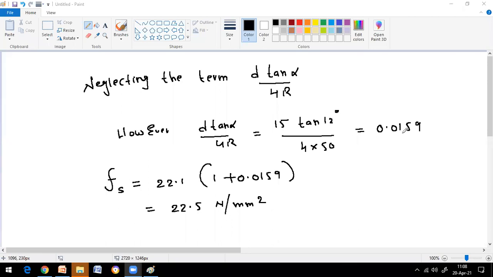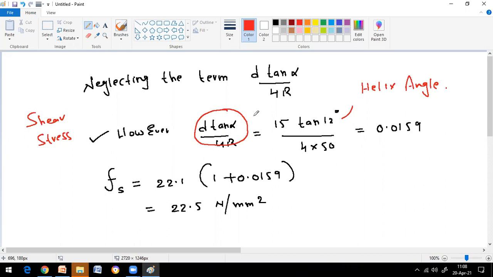This is an extra shear stress that happens with respect to the helix angle. So we have to use this term d tan alpha by 4r, where the shear stress will finally be 22.5 Newton per mm square.